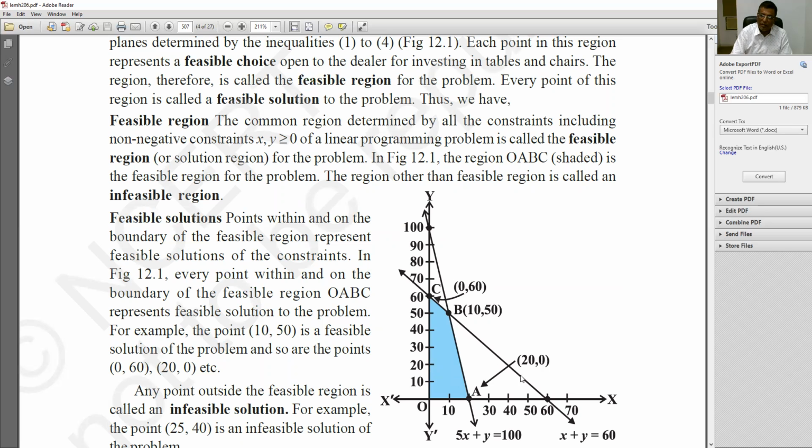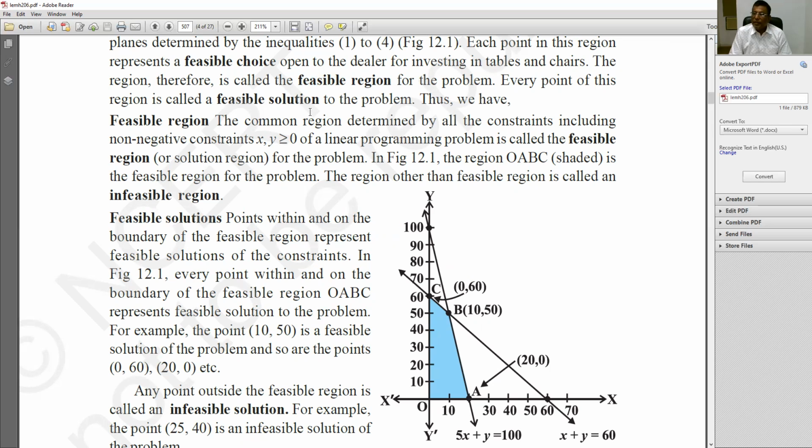See the cursor, this region is not a feasible region and this region is also not a feasible region, but this region is a feasible region. And the solution you are going to get within this region, means between O, A, B and C, that is called a feasible solution.